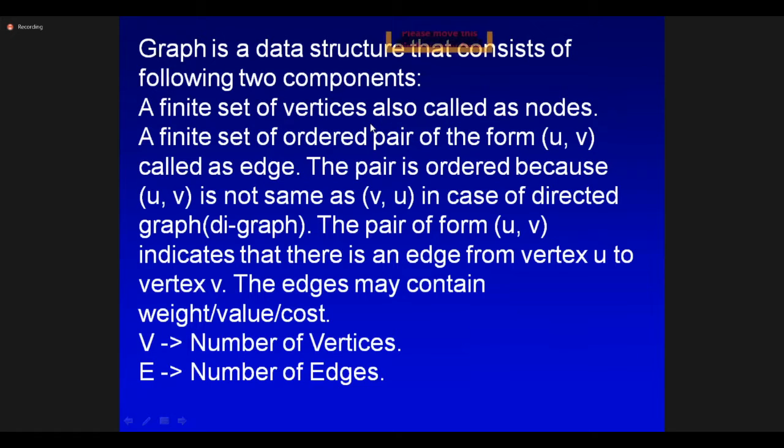It is called an edge because it is the connection formed between U and V, where U and V are the vertices. Vertex is graph terminology, but when you are using it for data structures, we generally call it a node. A node means either a computer, a wireless sensor, or any student.